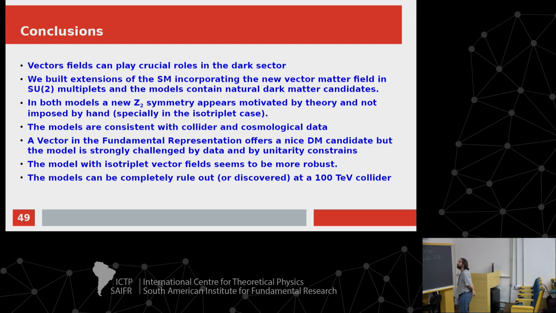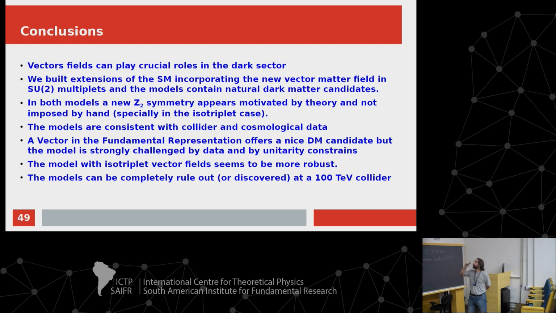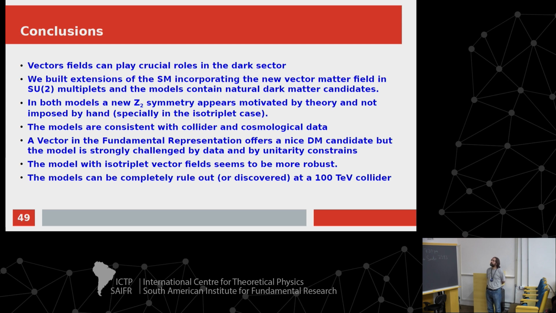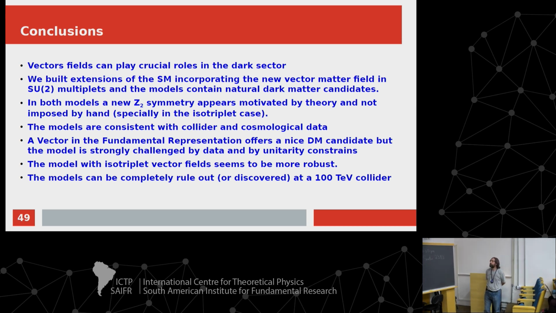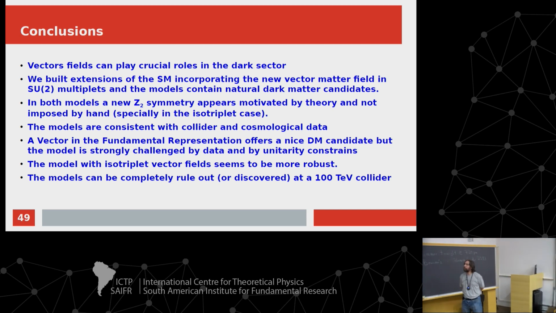Vector fields can play crucial roles in the dark sector. We build extensions of the standard model incorporating new vectors as matter fields in SU(2). And the models contain natural dark matter candidates. In both models, a new C2 symmetry appears, motivated by the theory, especially in the model with a triplet.